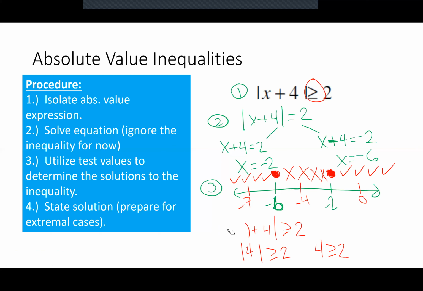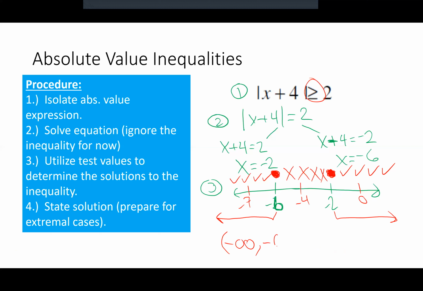Okay, so now what I'm going to do is state my solution. Everybody to the left of negative 6 and including negative 6. So I'm going from negative infinity up to negative 6. Observe that I'm going to be including negative 6, so I'm going to need a bracket.